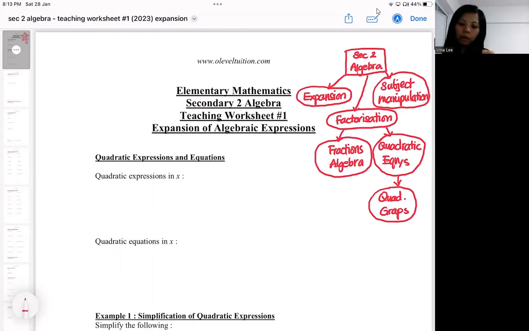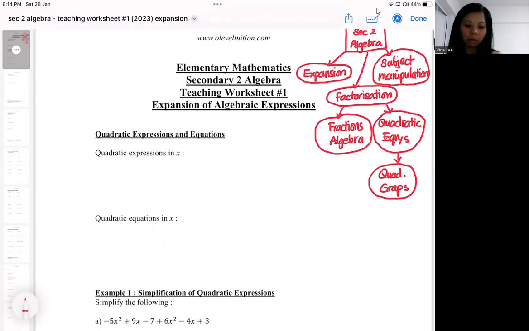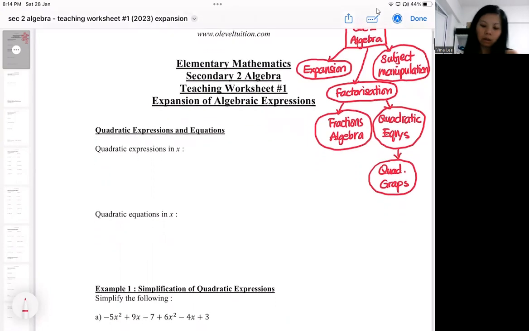If you look at the overall, you will be exploring this thing called quadratic equations. I'm going to show you the difference between quadratic expressions and quadratic equations.